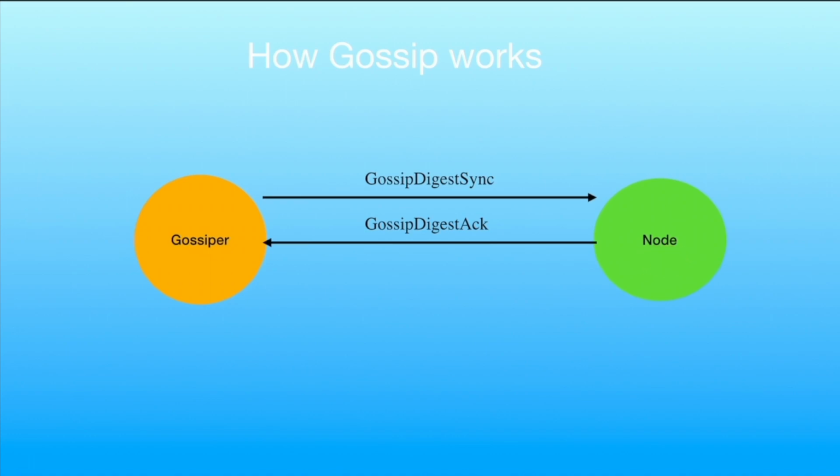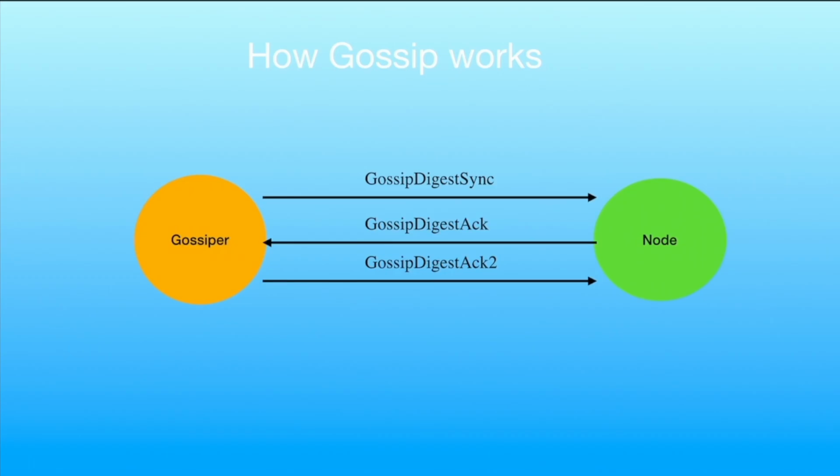This means this node is healthy and is able to revert to the gossiper. And if the gossiper has received this gossip digest acknowledgement message, it will revert to the node with a gossip digest acknowledgement 2, which means that the gossiper has recorded this node as a healthy node. So this is a scenario of how a healthy node responds to a gossiper.